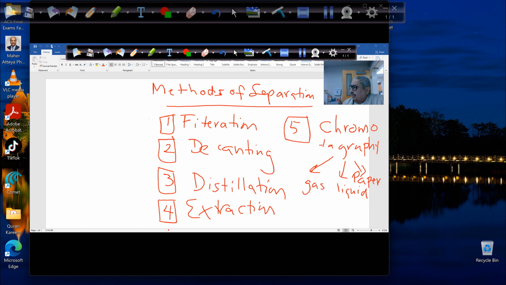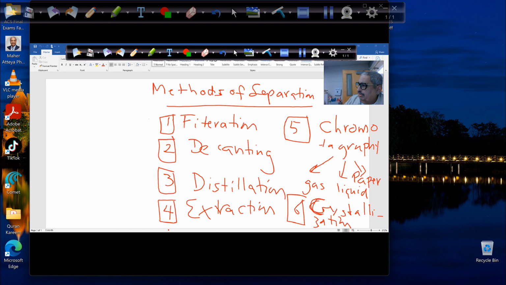If you look at all those, filtration, decanting, distillation, extraction, and chromatography, we can add crystallization. Crystallization is another method to separate compounds from their own mixture. All those methods are very important in separation of compounds from their original mixture. So the sixth method now I'm writing here for you is called the crystallization method.